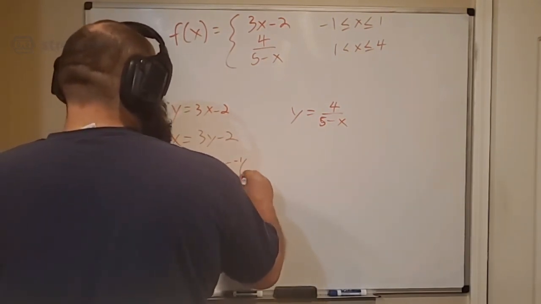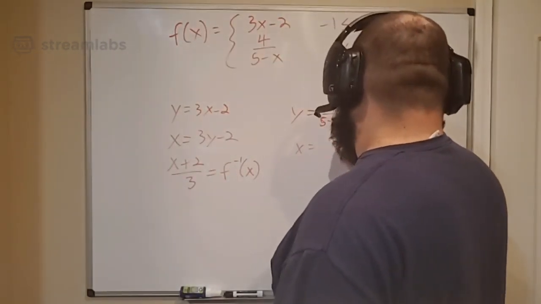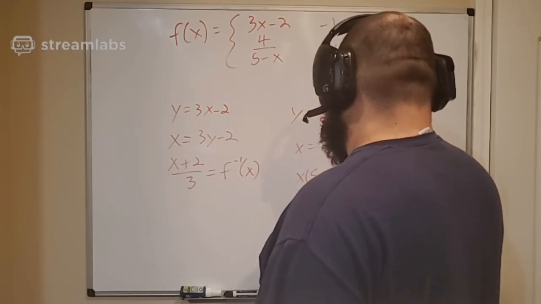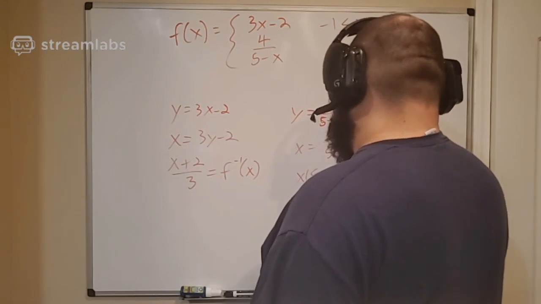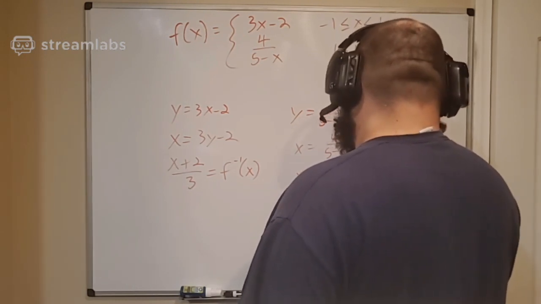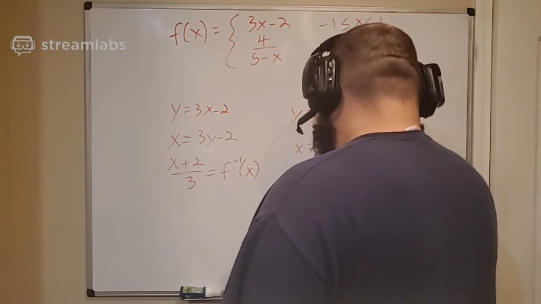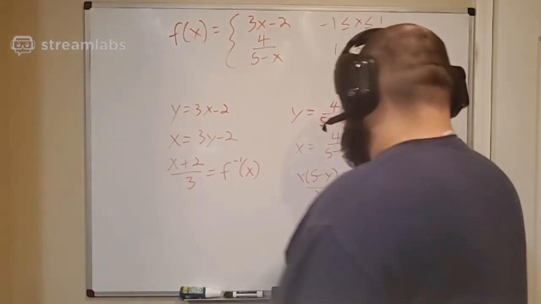Here you get x is equal to 4 over... So solve for your two inverses, which should not be tremendously difficult.